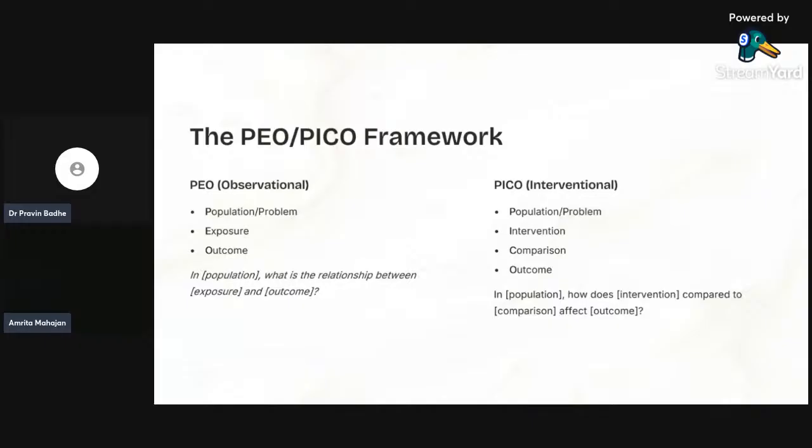And in interventional, in that particular population, how does an intervention compare to a comparison? Yesterday, we used the example of anxiety. If standardized medications are compared to placebo treatments, how is it affecting? Is it reducing the anxiety? This is how you need to put your thoughts into this framework and find out exactly what you want from that.